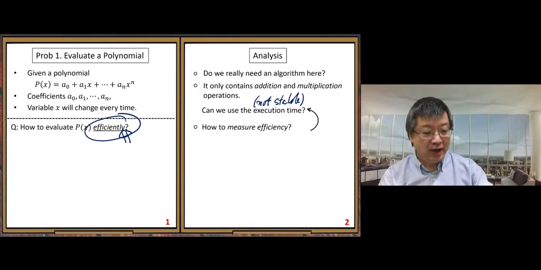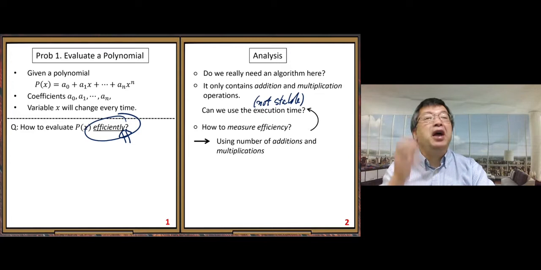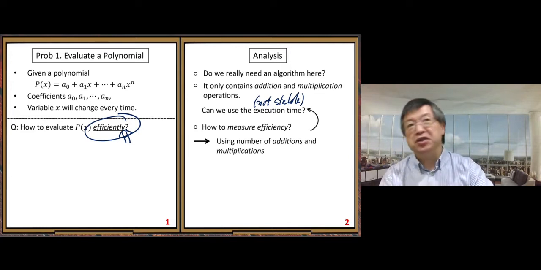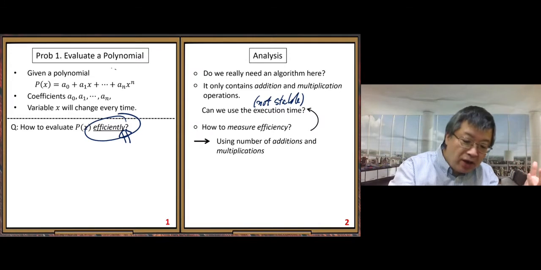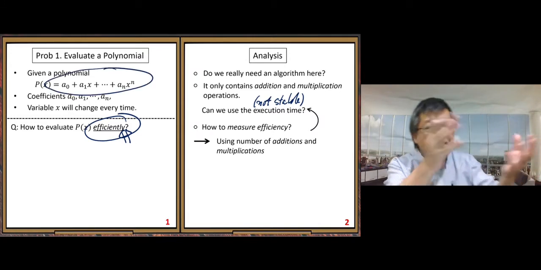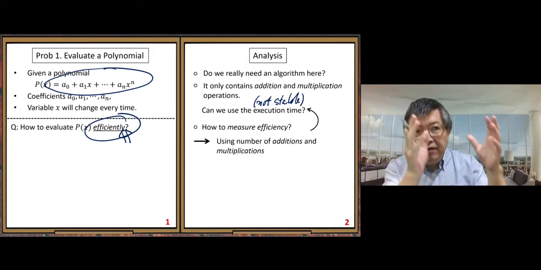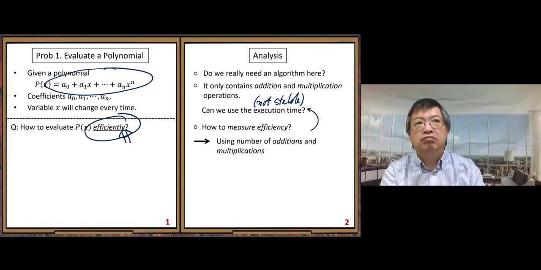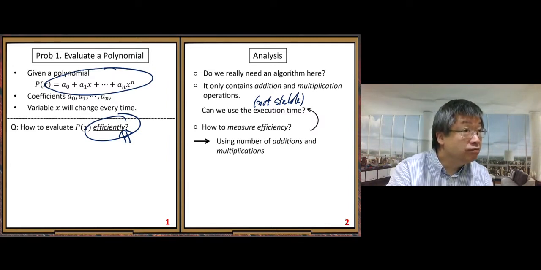Yes. Here, let me point that out: using the number of additions and multiplications. Think about this. You count how many multiplications, how many additions do we need to evaluate this polynomial? Does it rely on computer performance?